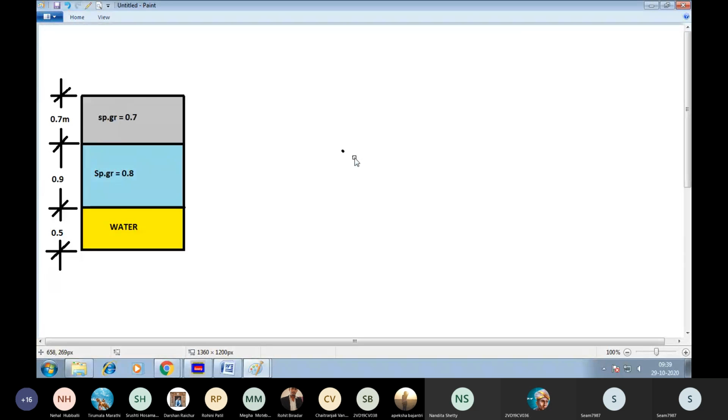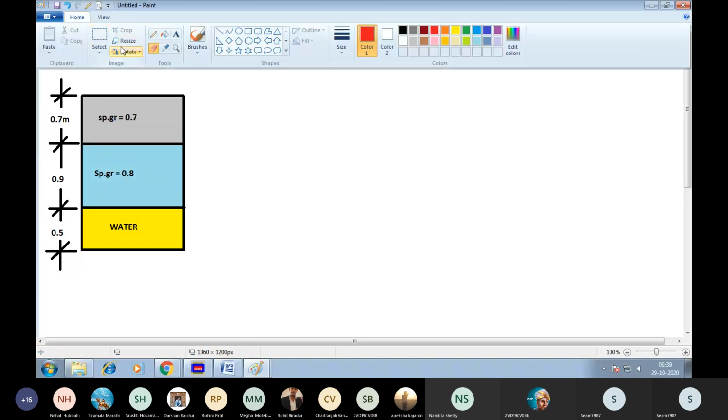You need to identify the total pressure and position of center of pressure in this case. It is somewhat different from the previous.